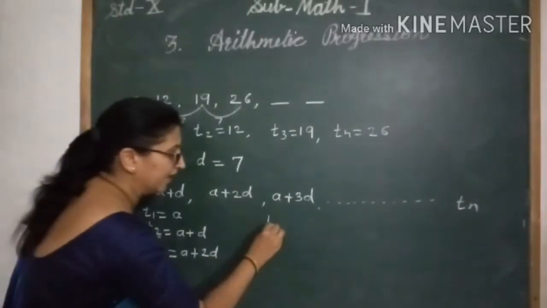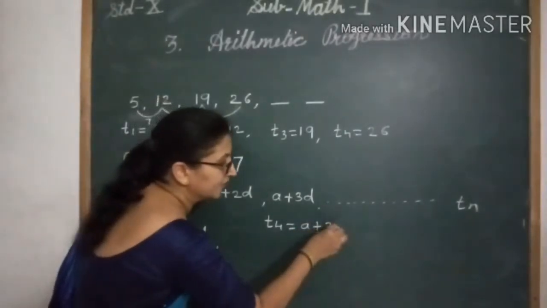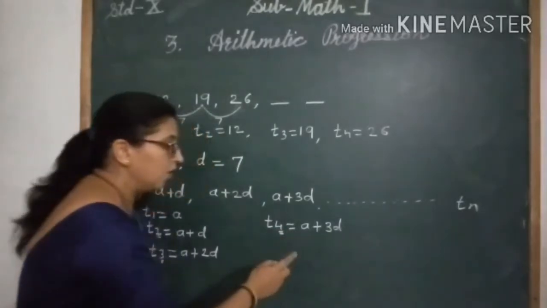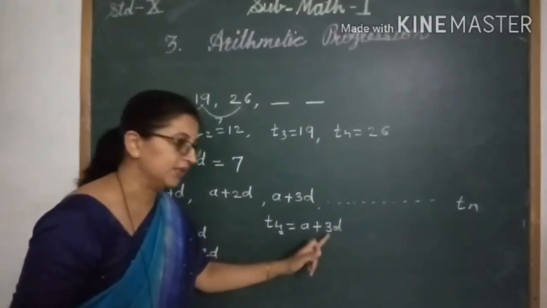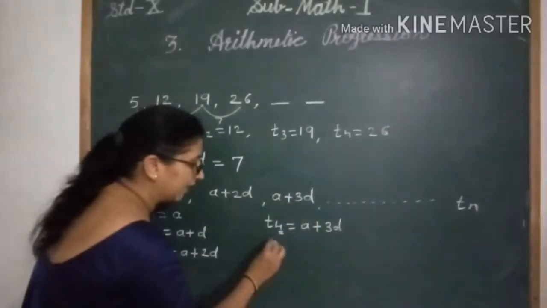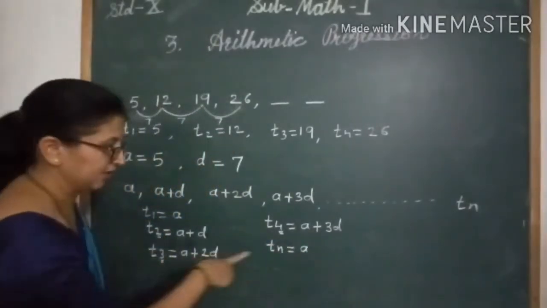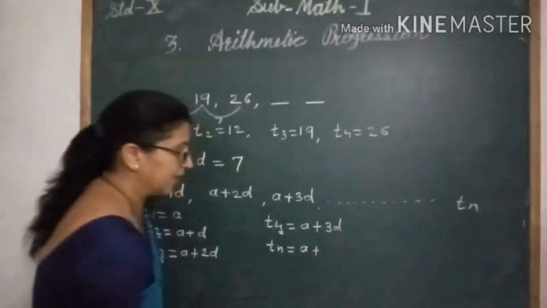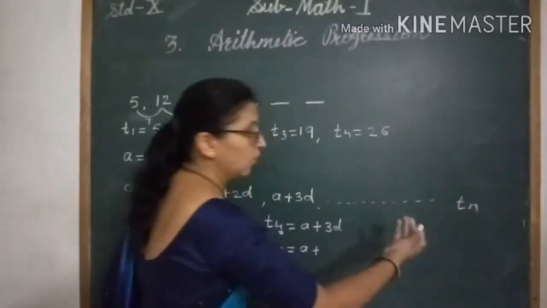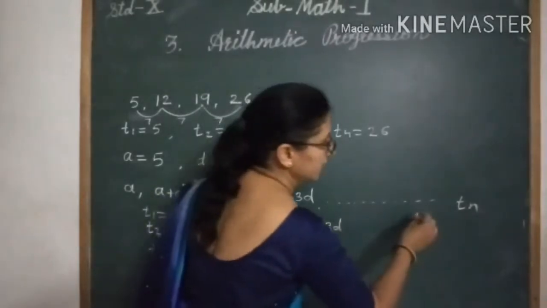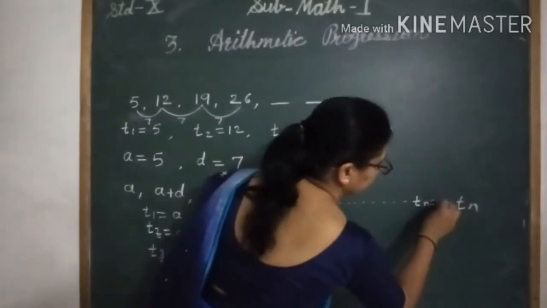Similarly, if you want to find the fourth term, then we can say A plus 3D. You just observe this relation. Whichever term we want to find out, we have to take one less with the D. Now if you want to find Tn, then this A is common for each term. So A plus, now preceding this Tn, we don't know what that difference is, so we consider that D only. So we can say here Tn minus 1.